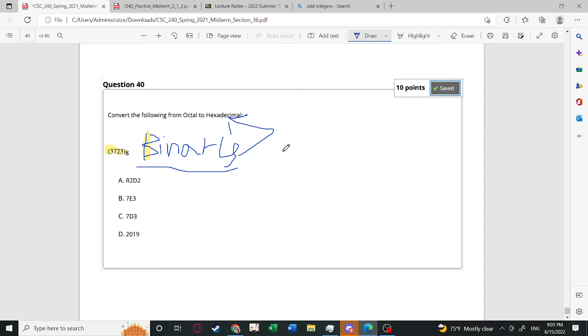So 3 is 0, 1, 1. 7 is 1, 1, 1. 2 is 0, 1, 0. 3 is 0, 1, 1. So now we have 0, 1, 1, 1. Yeah. So the first one is 7. And 1, 1, 1, 1, 0, 1. And there you go. Okay. So our last one is 3. And this number is D. So that's C.